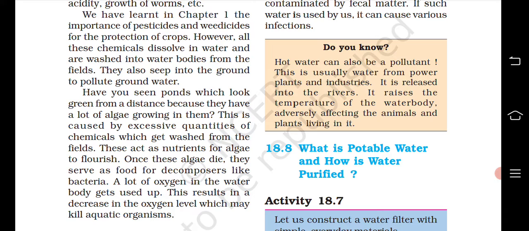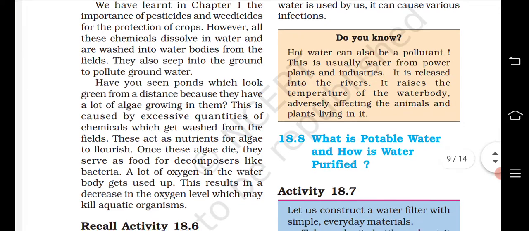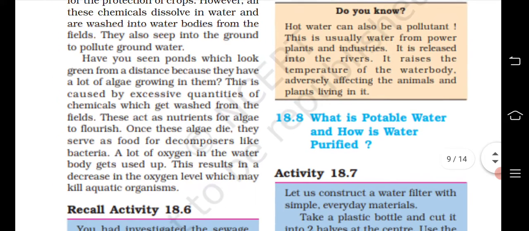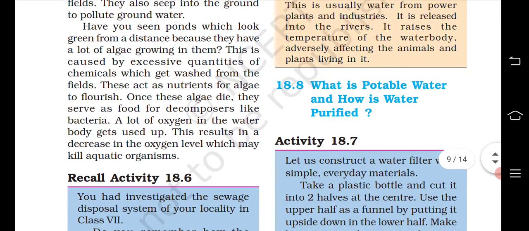But all of these chemical fertilizers, when dissolved in water and washed into water bodies from the field, pollute the nearer water bodies, and when they seep into the ground, when they percolate into the ground, they can also pollute groundwater. But what happens when these nitrogen, phosphate, nitrates, phosphates are increased in water bodies?